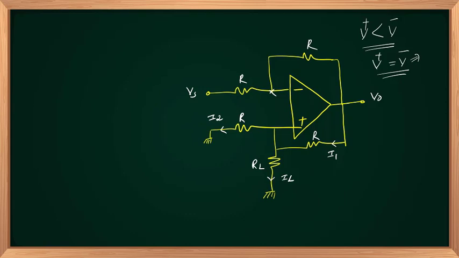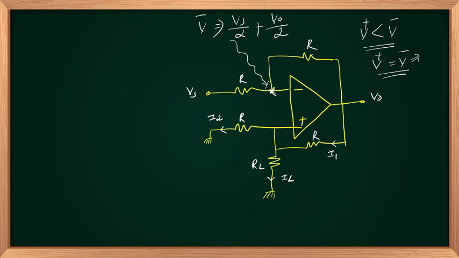To identify that, we have to identify V plus or V minus first. This is my V minus. Equal resistors to sources. So the voltage at the inverting input, V minus, will be equal to Vs by 2 plus V out by 2.